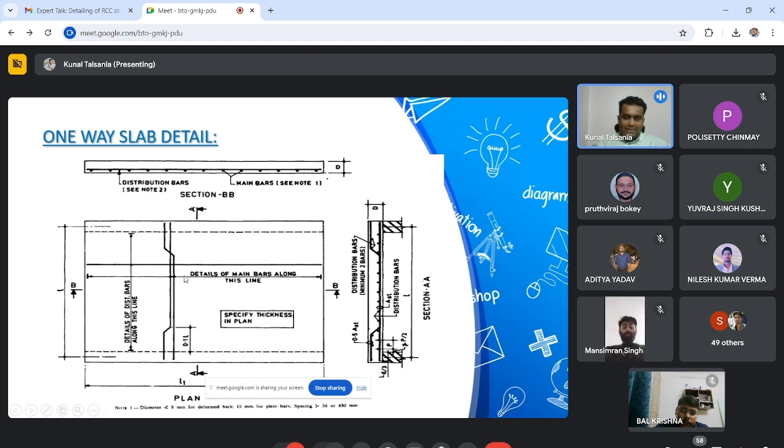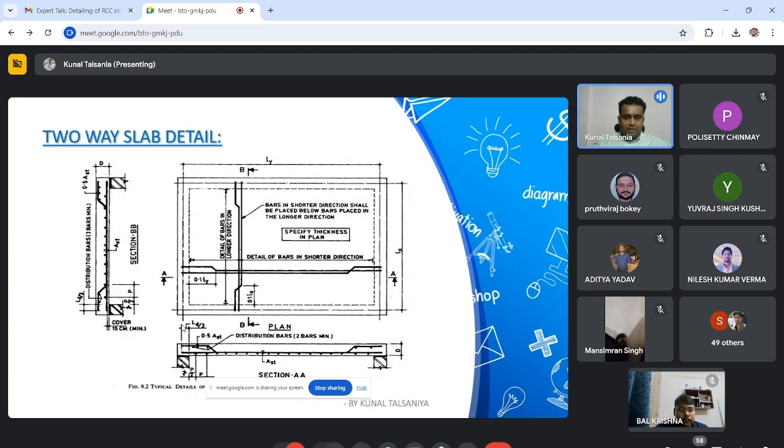Either you can provide it like this, or you can just bend up this steel and the other reinforcement will be a straight bar. Both are acceptable.